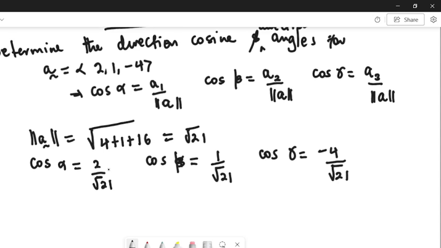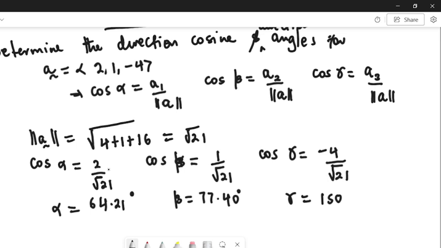Those are the direction cosines. If you want the direction angles, you just take the cos inverse of each. You're left with alpha equal to 64.21 degrees, beta equal to 77.40 degrees, and gamma equal to about 150, because it's negative, so you use your trigonometric skills here.